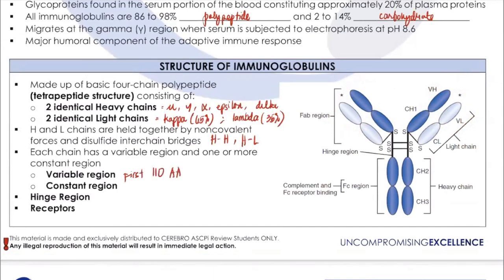So that determines the variable region. From the name itself, variable means it differs, so the amino acid components here are different.